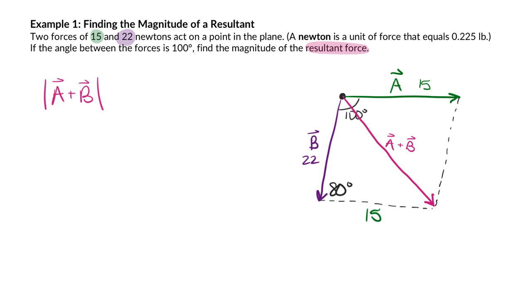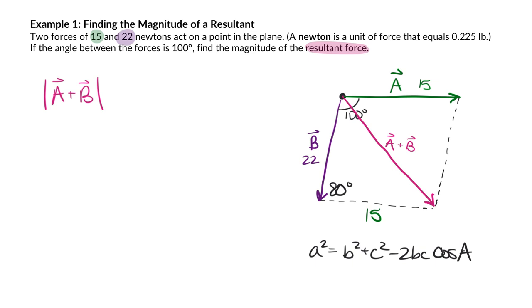Law of cosines. The law of cosines, I'm going to write it in regular letters, says that a squared should be equal to b squared plus c squared minus 2bc times the cosine of big A. If we rewrite this in terms of what we have on this image, we can use the vector quantities inside the law of cosines to solve for that resultant vector.